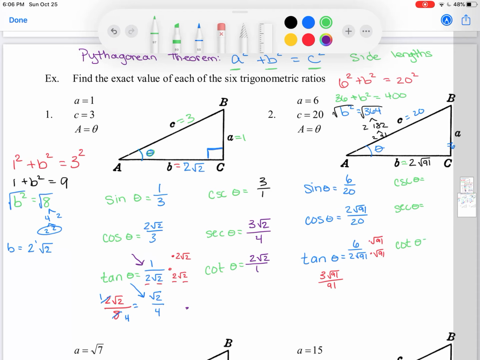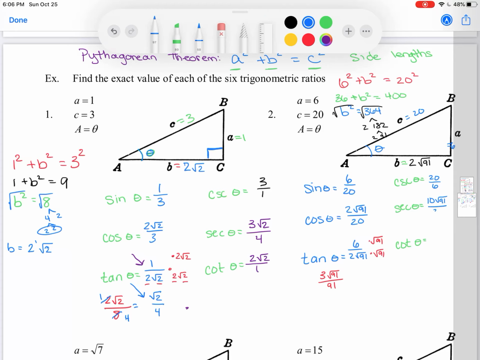Then I do the next 3. Sine pairs up with cosecant. Cosine pairs up with secant. And tangent pairs up with cotangent. And again, I'm going to give you the simplified answers on these with the radicals, but get your practice in so that you know what they're going to be. Cosecant is going to be 20 divided by 6.